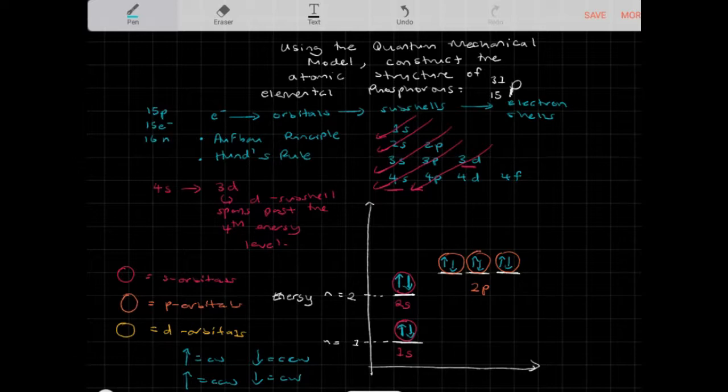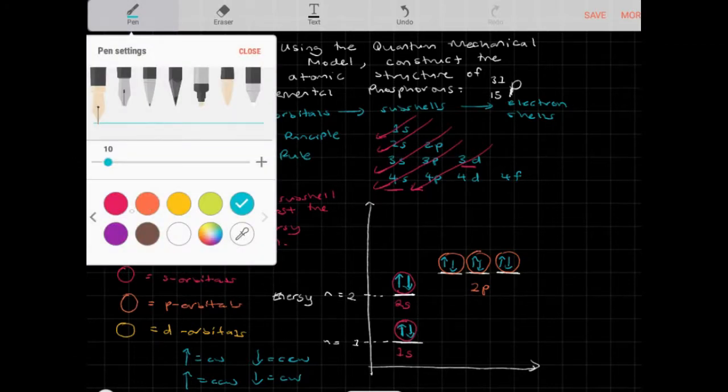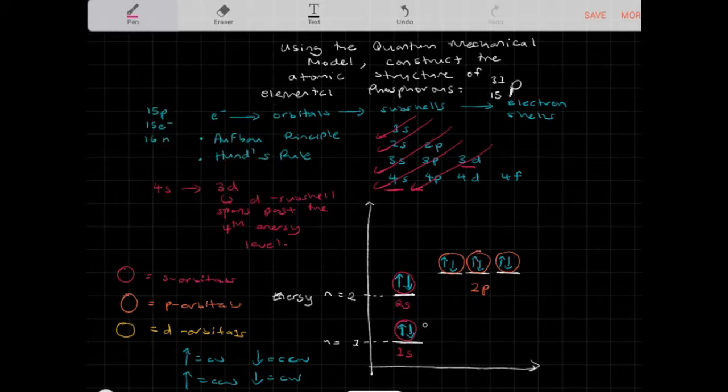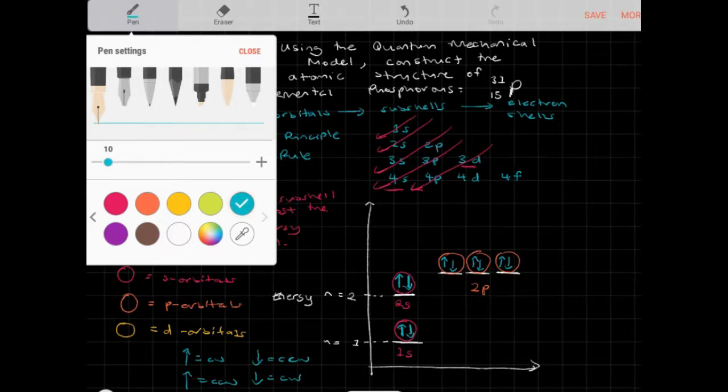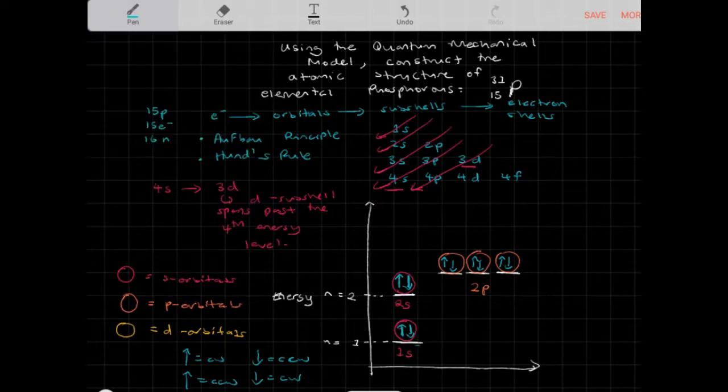Now we can also denote each of the orbitals containing electrons using a superscript. In the 1s subshell we have 2 electrons, so we can put a 2 up here. In the 2s subshell we have 2 electrons, so we put a 2 here. In the 2p subshell we have 6 electrons, so we put a 6 here.